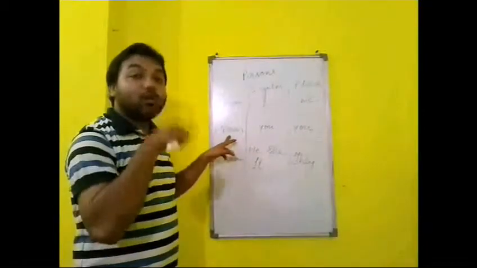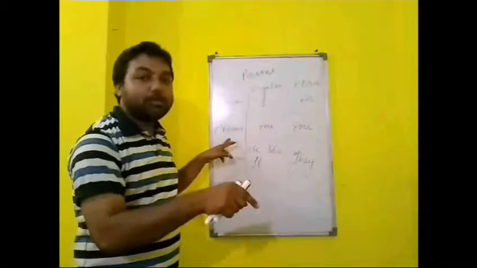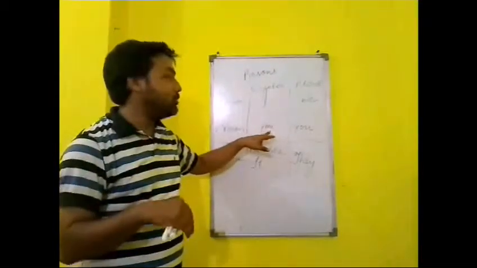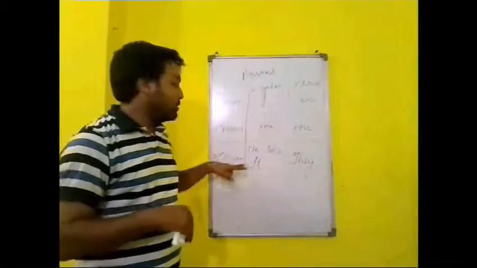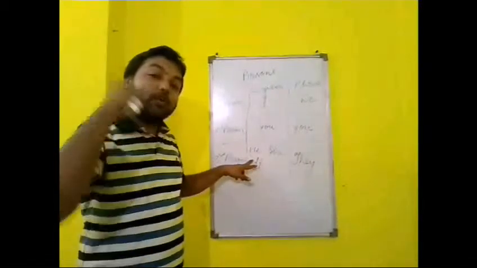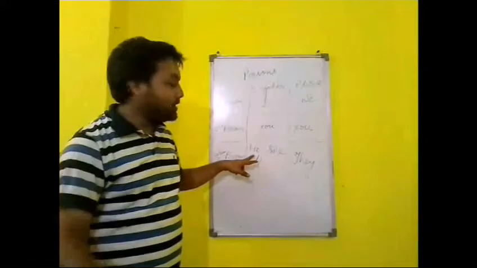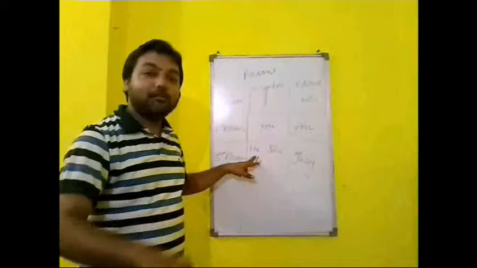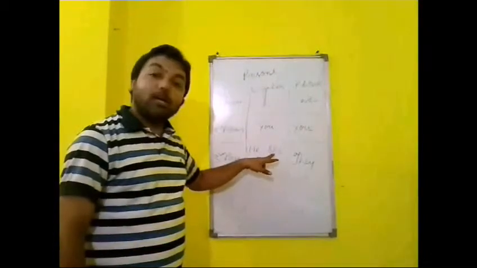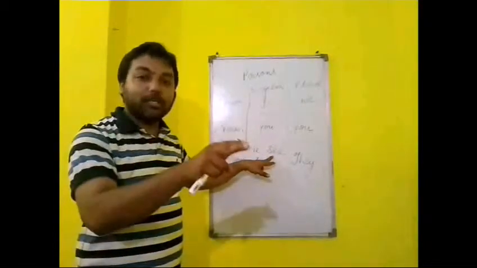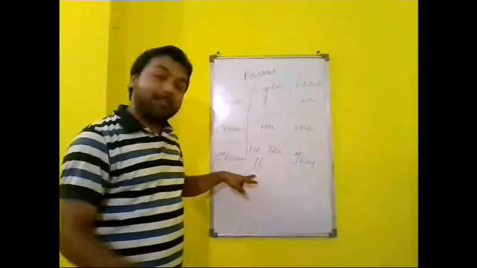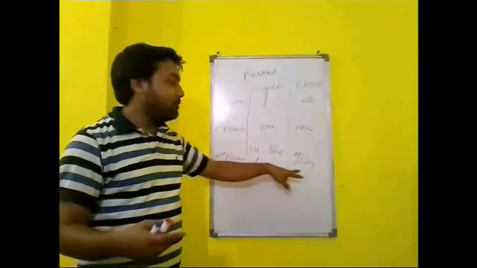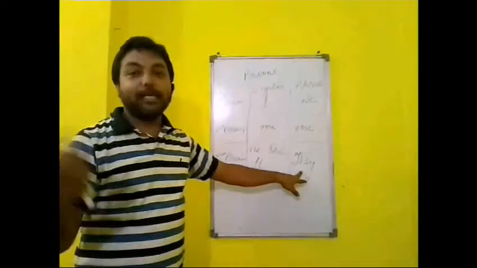Then when we talk to someone, we say you, whether he is singular or plural. The person we are talking about, if male, we say he, and if female, we say she. If it is a thing or a non-living thing, we call it it, and if it is plural, we call them they.